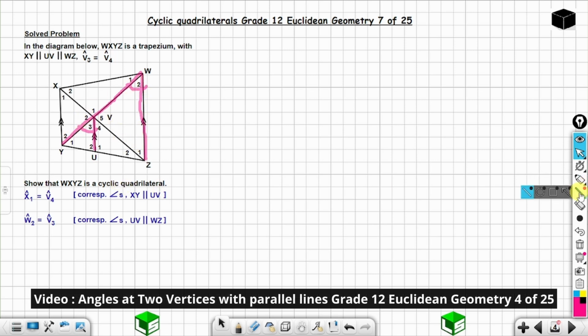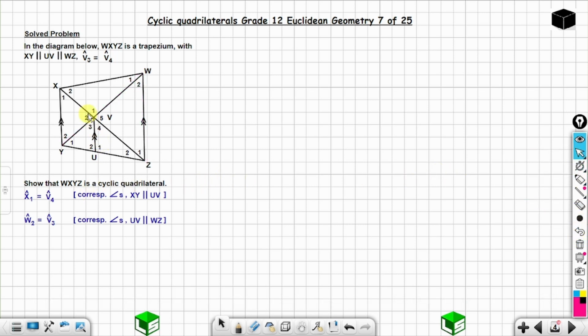Okay, let's carry on. Now, you are given another piece of information. The angle V3 is equal to the angle V4. This is given.